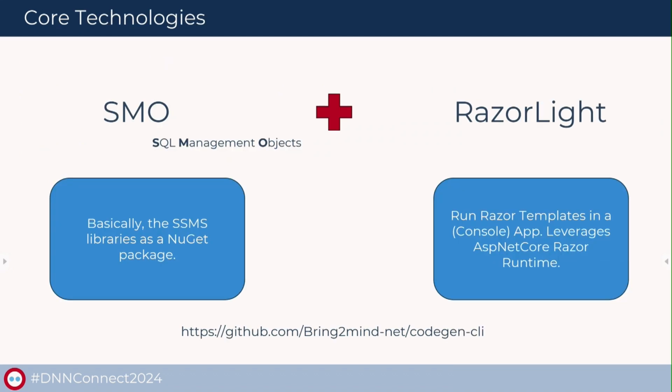What I found was there are DLLs you can get from NuGet under the banner SMO, SQL Management Objects, which allow you to go to an SQL server and get all the details of a database, the tables, the views, the stored procedures, etc., and get them into your code.